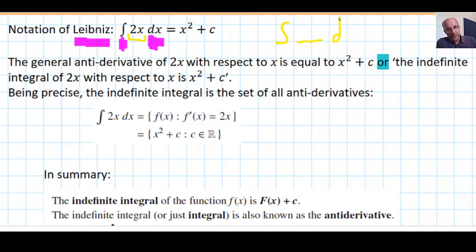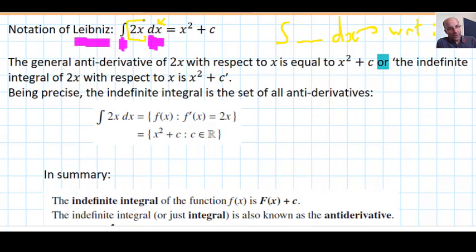That's the Leibniz symbol for the antiderivative, or sometimes called the integral. So it says the integral of 2x with respect to x. That's what the dx means, with respect to x. You need to tell the reader which variable you're integrating with respect to to use the notation correctly.